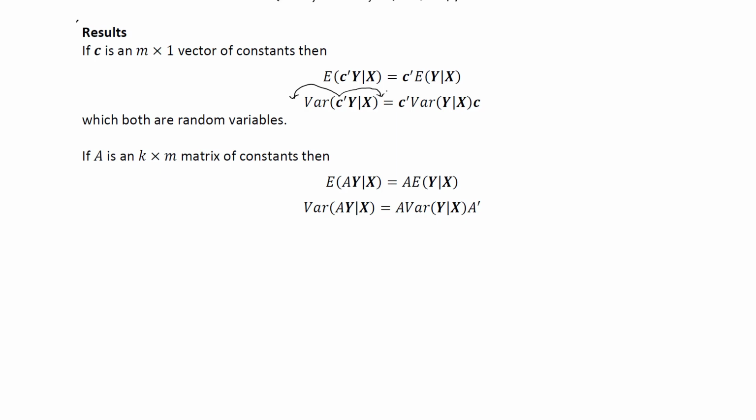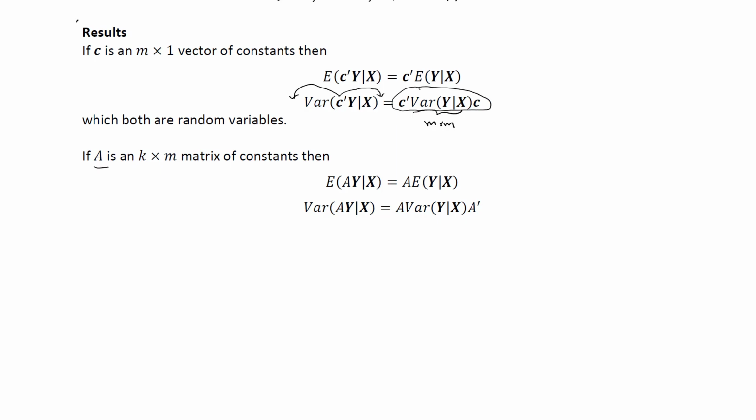C prime variance of y given x times c. Again, both sides are random variables. In this case, the variance of y conditionally on x, since y is an m by 1 vector, this is an m by m matrix of random variables, and the whole thing will become a random variable.